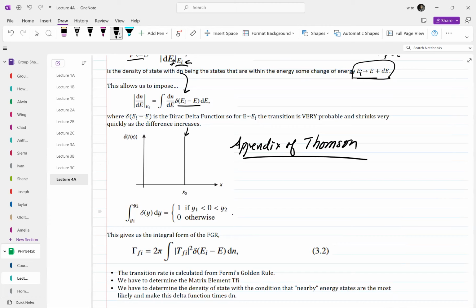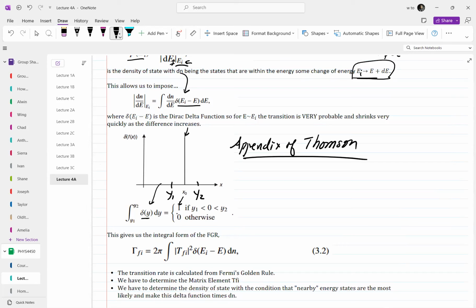If we're integrating over this Dirac delta function, and the limits of our integral, let's say y1 to y2, include this x naught, then the integral is going to give 1.